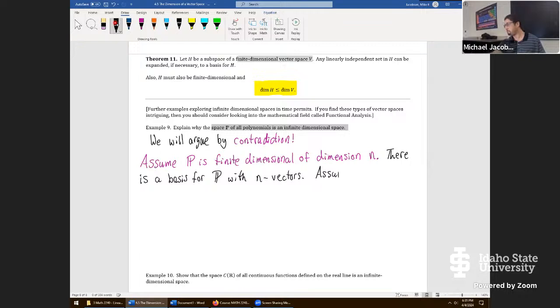Assume B equals {p1, p2, through pn}. These are all polynomials, so that's why we're using p to indicate them. We said n vectors, so we have to end on pn. B is a basis for P. Now, that's not a contradiction at all.